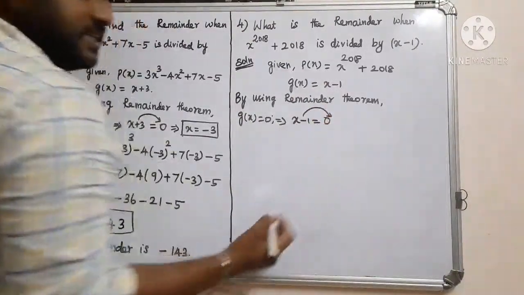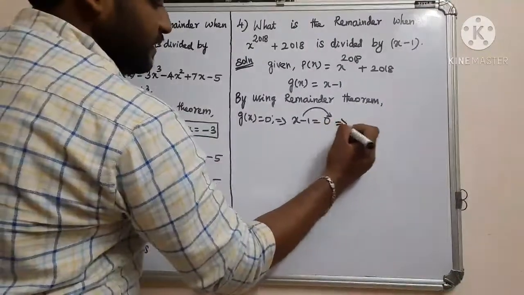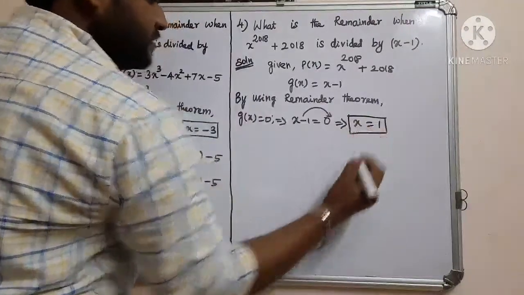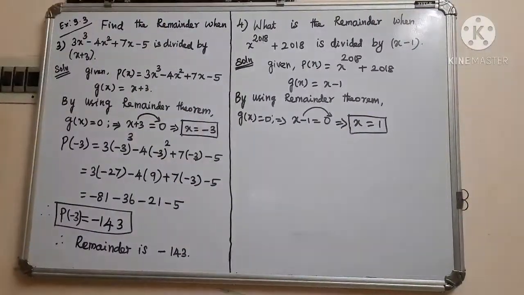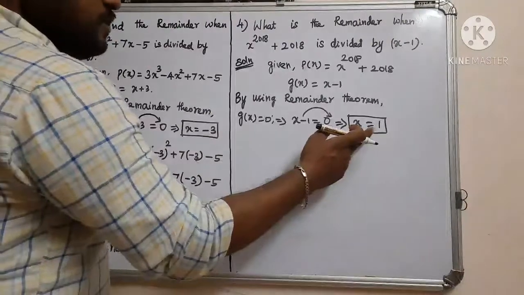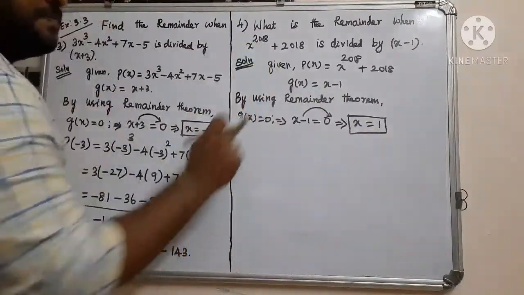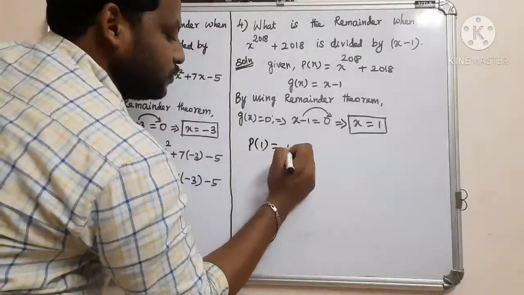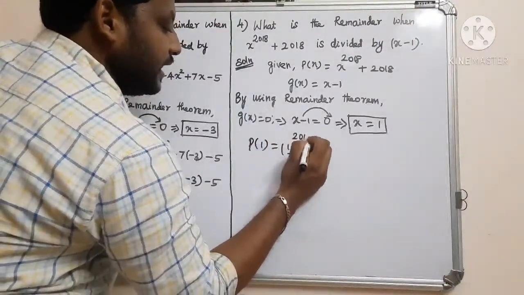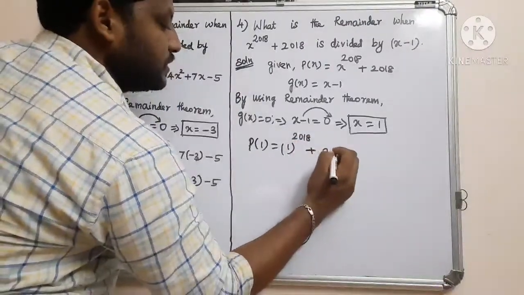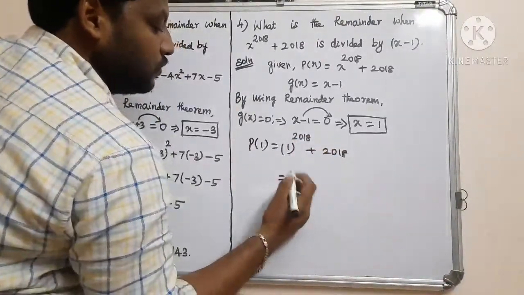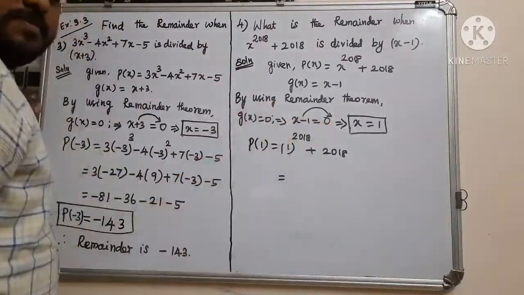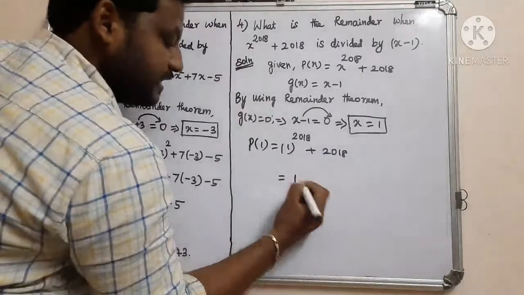So minus 1 should change into plus 1, so x is equal to 1. So now you have to substitute the value x equal to 1 instead of x in p of x. So p of 1 is equal to 1 power 2018 plus 2018. Now 1 multiplied 2018 times, the value is equal to 1.